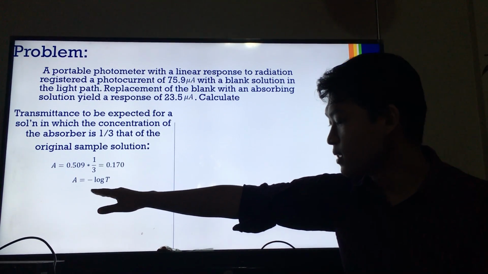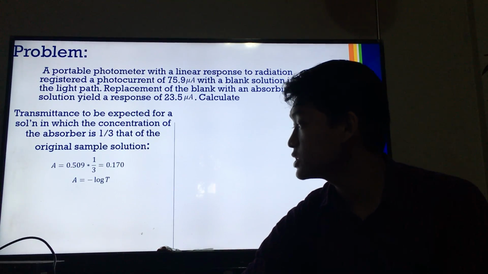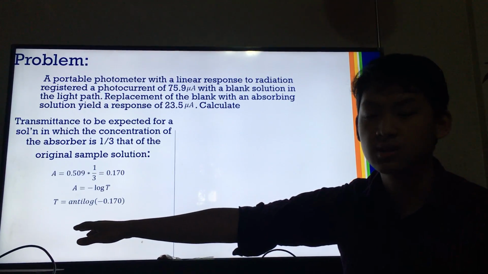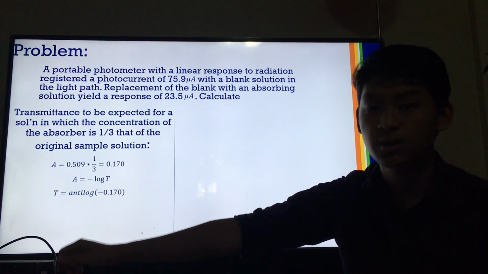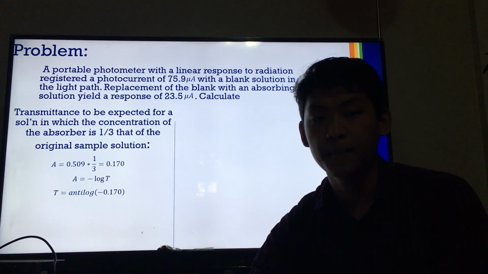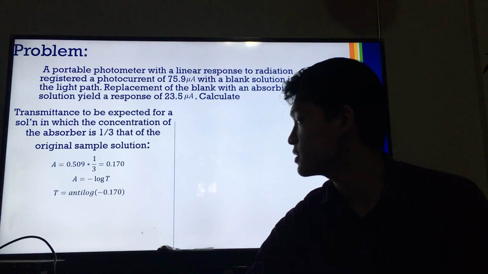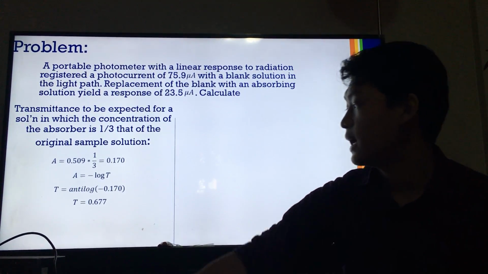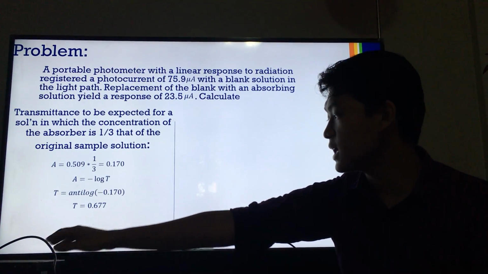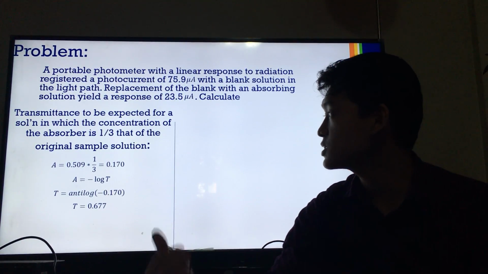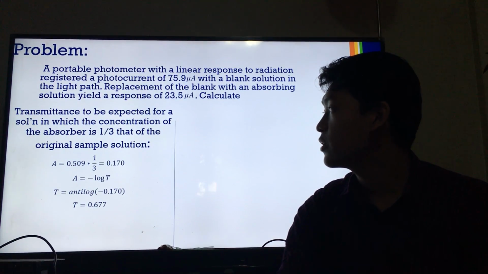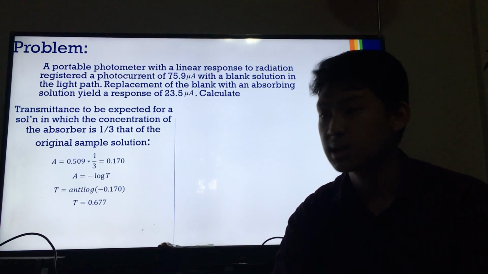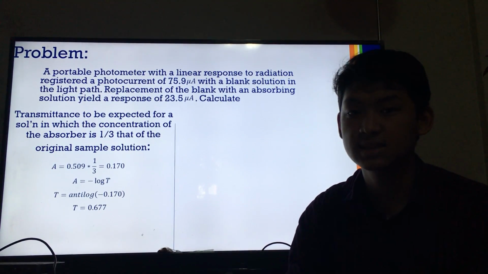Through mathematical manipulation and by isolating T, we will be arriving at T is equal to the anti-log of the negative value of the absorbance, which would be equivalent to the anti-log of negative 0.170. And by computing that, we would be arriving at the transmittance expected for a solution with 1/3 the concentration of the original sample solution, which would be 0.677.